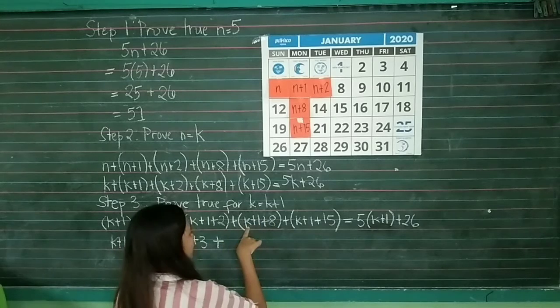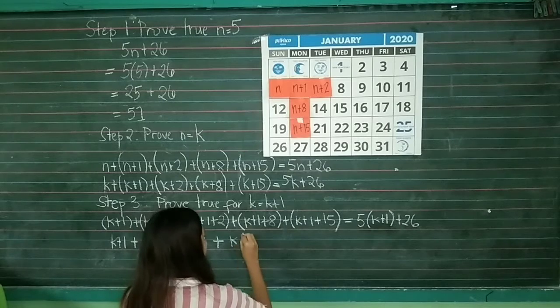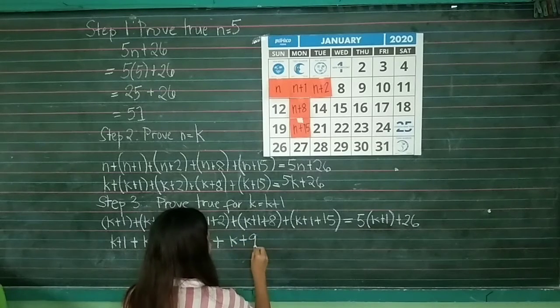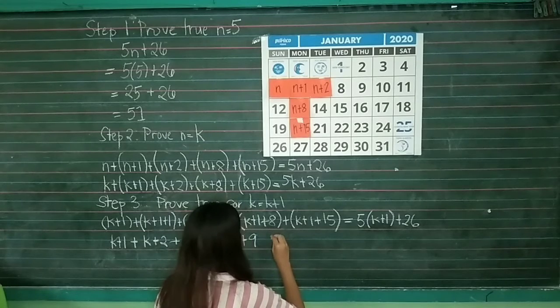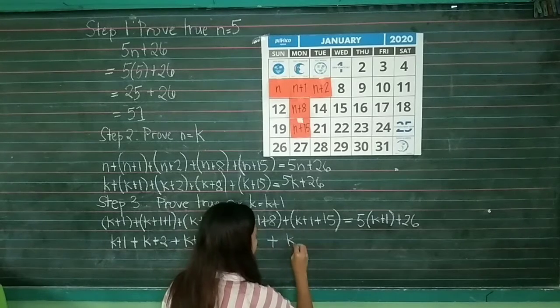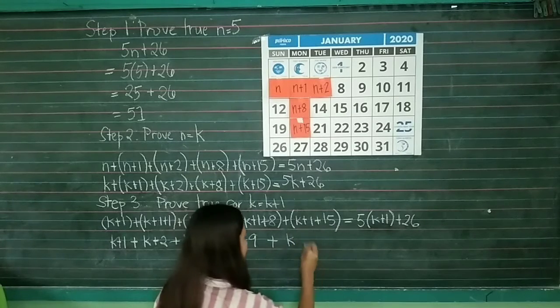Next, k plus 1 plus 8 is equal to k plus 9, because 8 plus 1 is 9. Next, k plus 1 plus 15, and 1 plus 15 is 16.